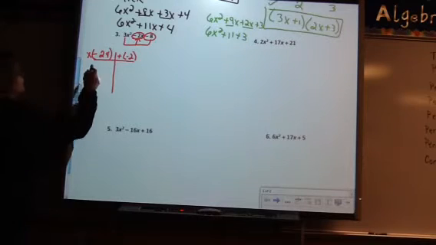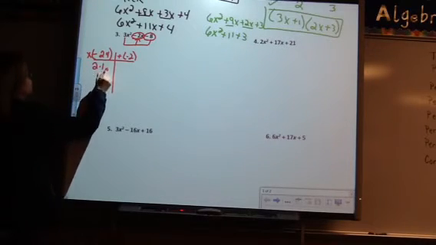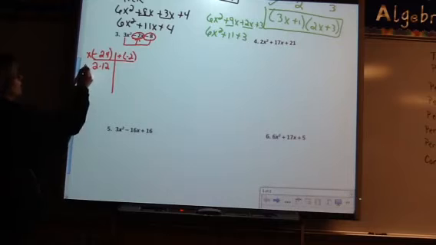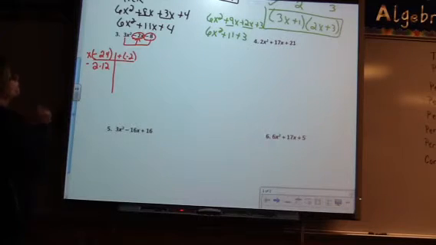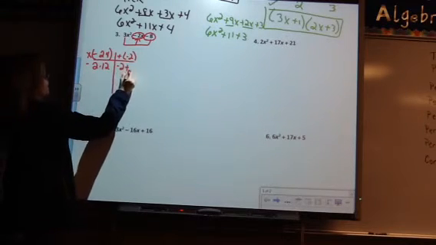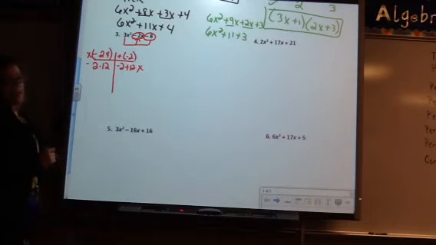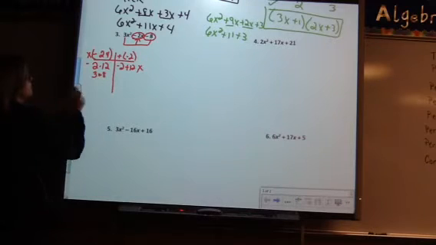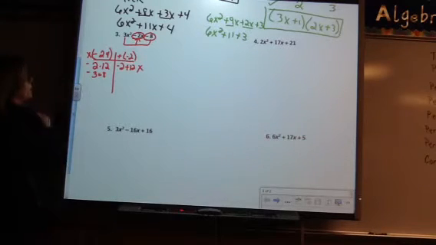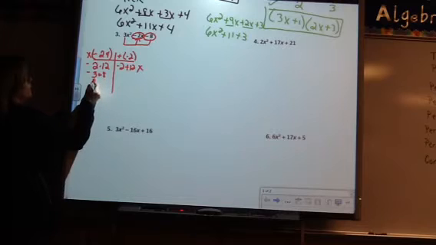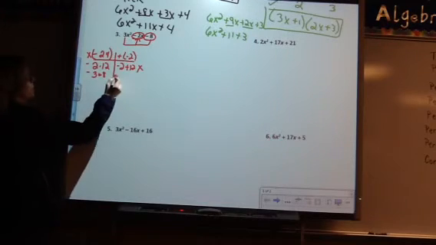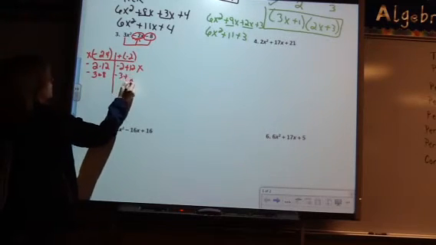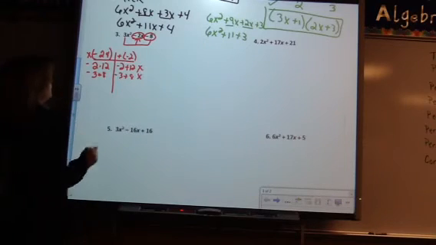Okay, so let's try this. 2 times 12 will give me a positive 24, so let's put a negative right there. Negative 2 plus 12 does not give me a negative 2. All right, I can take 3 times 8. Let's put a negative there. Negative 3 times 8 is a negative 24. Negative 3 plus 8 is not negative 2.